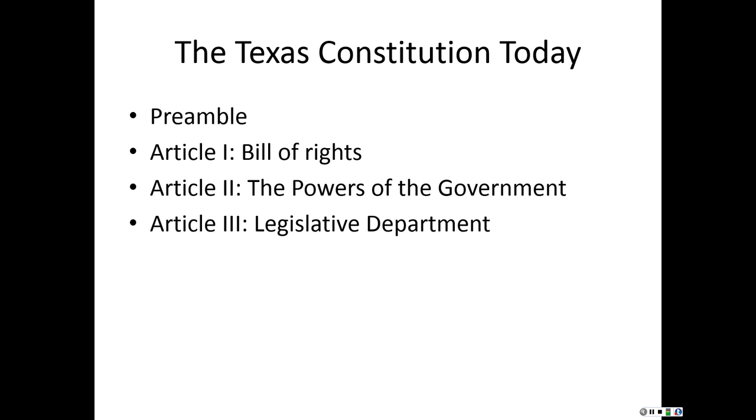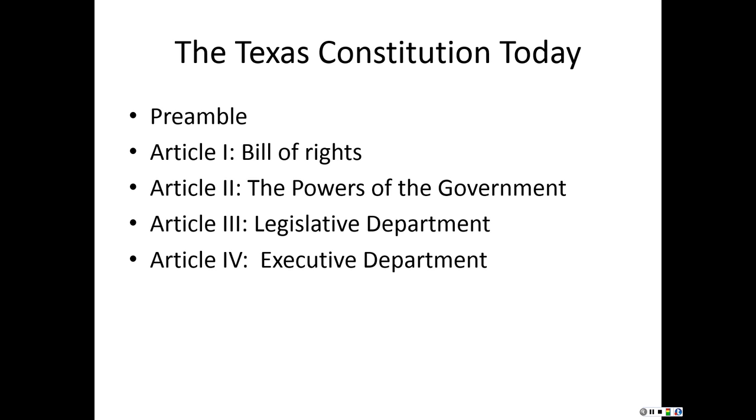Article 3 also provides the manner of election of our legislatures. And we see in Article 3 that Texas is much more restrictive when compared to most states with respect to our legislative salaries and our sessions. Texas salaries are among the lowest in the nation, and Texas is only one of 5 states that has biannual legislative sessions that meet only every 2 years.